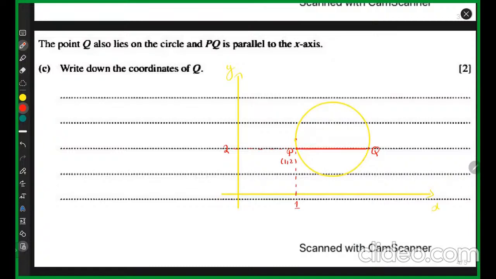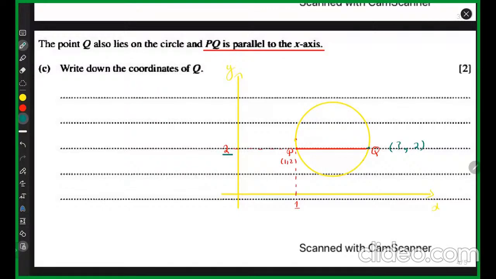The red line is parallel to the x-axis because I made Q exactly in front of P because of this information. What does this imply? The only thing I'm able to guess from this piece of information is that the y coordinate of Q is going to be 2. That is the only thing I know.